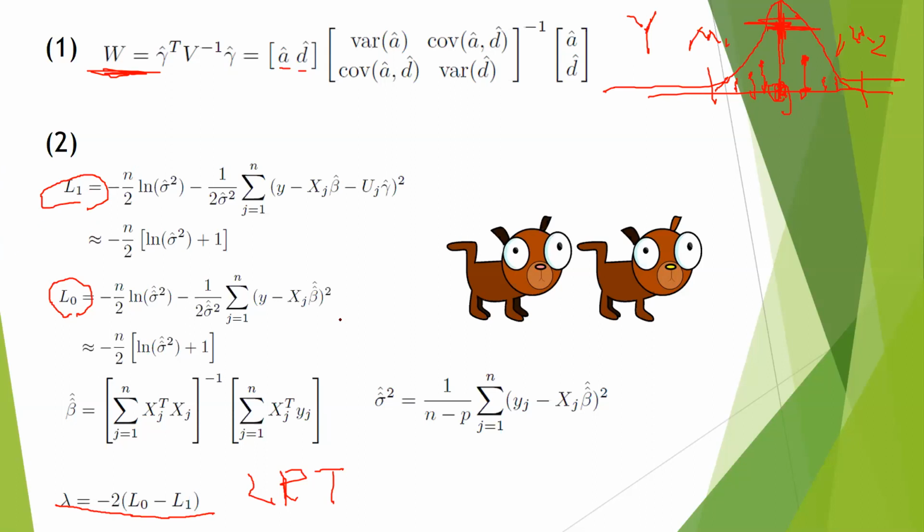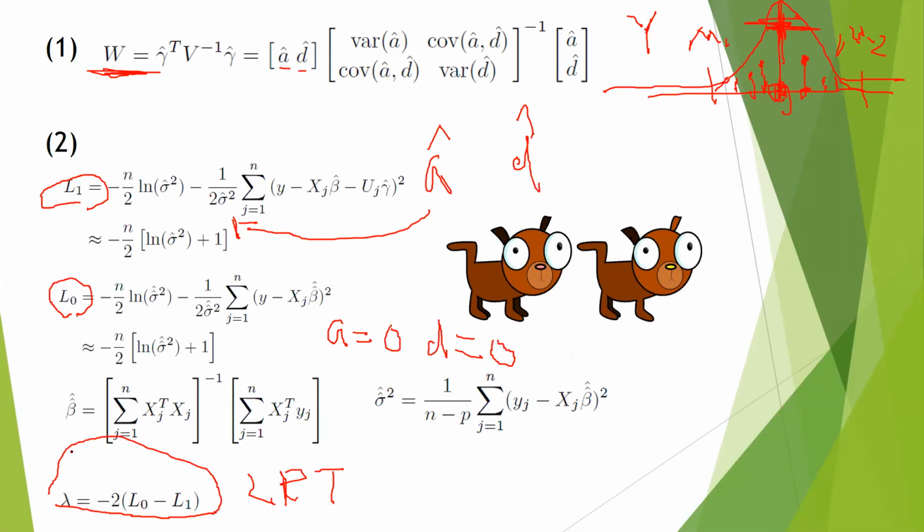The null distribution means we assume A, the additive effect, equals 0, and D equals 0. In the alternative distribution, we use the estimated A and estimated D to generate the likelihood function. Then we can compare the ratio of the likelihoods. Actually, here it is the difference between the log likelihoods, and this follows a chi-square distribution.